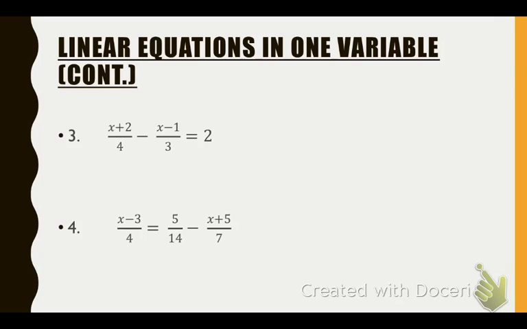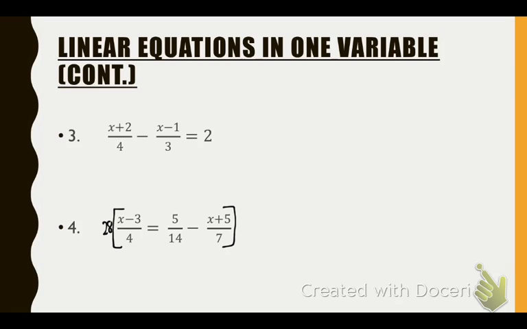So for like 4, what's the common denominator that's going to get rid of the denominator? What number can I multiply everything by to get rid of the 4, the 14, and the 7? Anybody want to take a shot at it? 28. So I'm going to hit everything with 28.